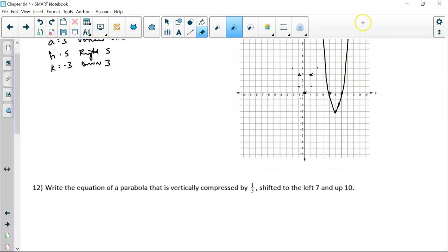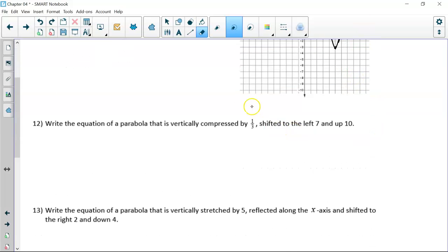For the final few, we're going to be writing equations. Now it tells us it's vertically compressed by 1/3. So remember, y equals a times the quantity of x minus h squared plus k. So that is our value for a. A is 1/3. We're going to the left 7.